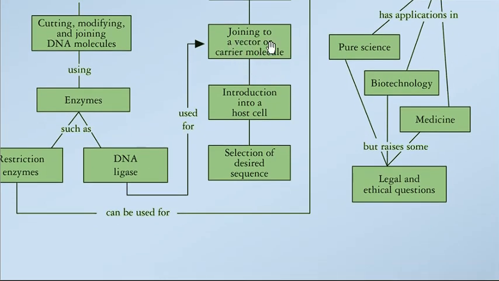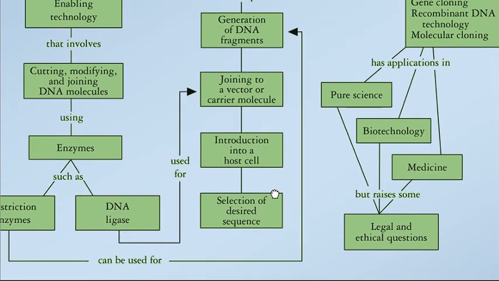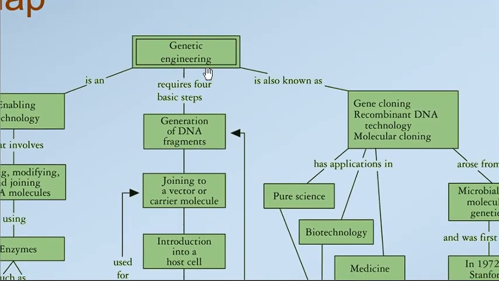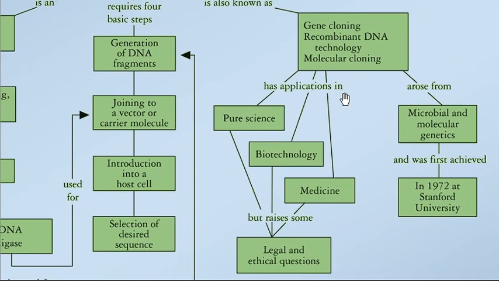So these vectors or recombinant DNA are introduced into a host cell for selection of the desired sequence. Also, genetic engineering is known as gene cloning, recombinant DNA technology, molecular cloning, and so on.